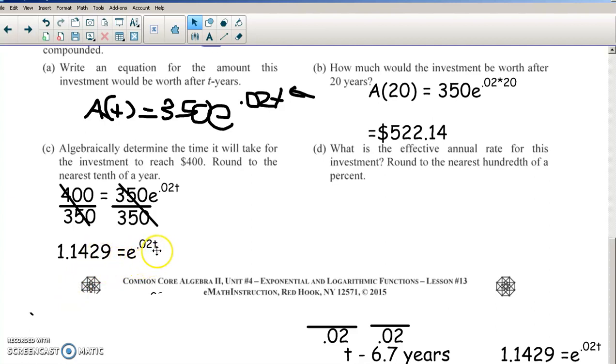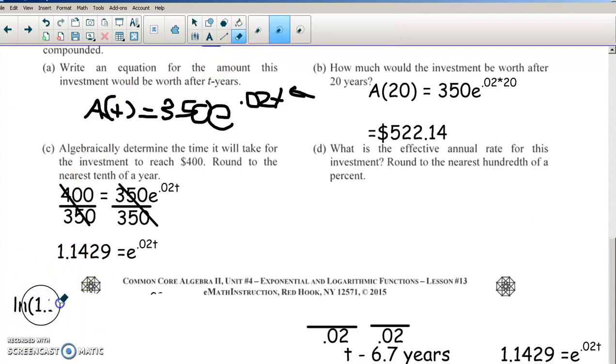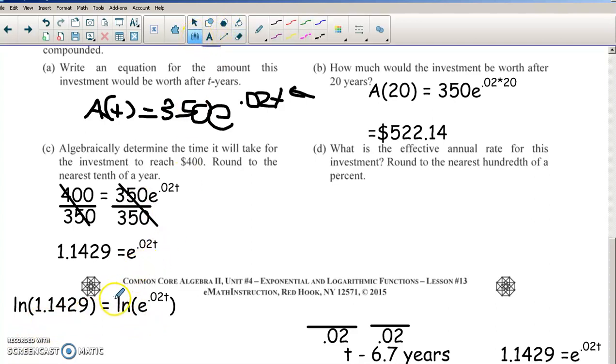Now, the only way to get an exponent out is with the log, and since we have e, we have to use the natural log. So when we use the natural log on both sides, on this side we have to remember that the natural log of e, these guys are going to cancel.